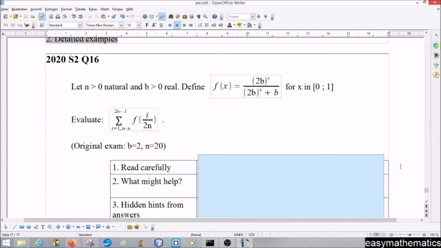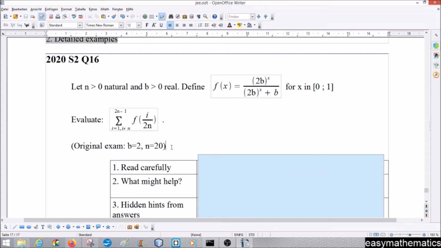Evaluate the sum from i equals 1 up to 2n minus 1, where i is not n, of f of i over 2n. I generalized this problem. In the original exam, b is 2 and n is 20. I changed it a little bit, but the problem is the same.